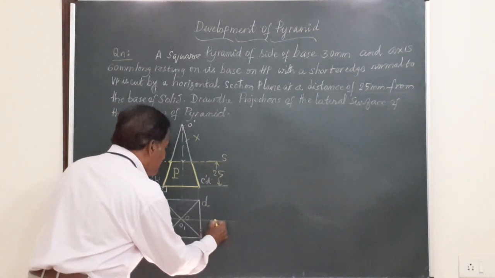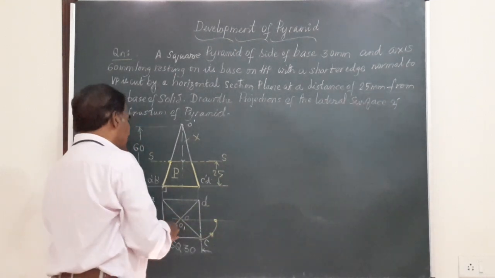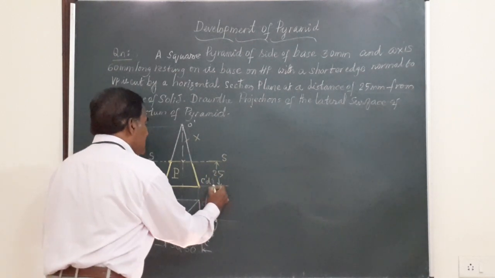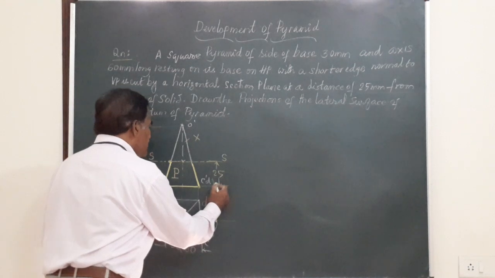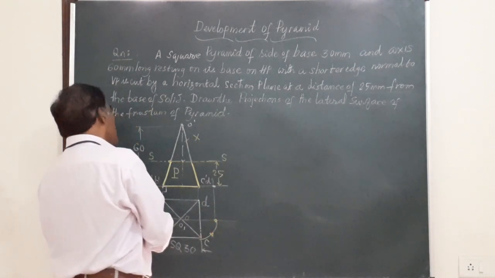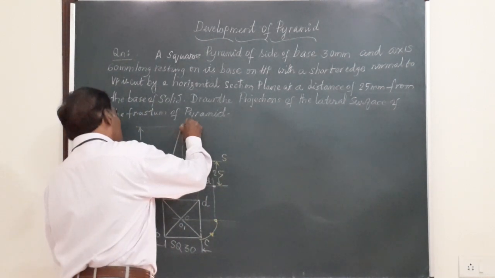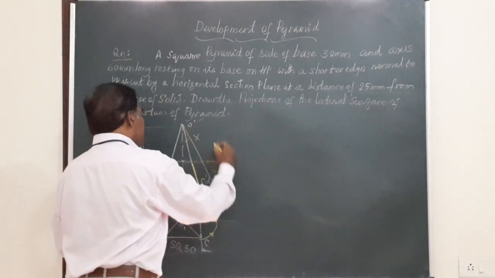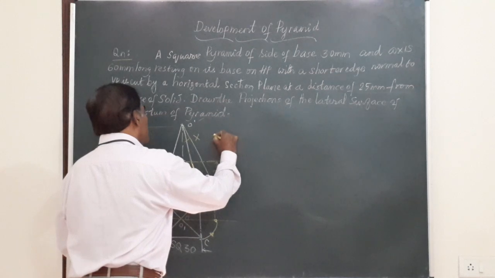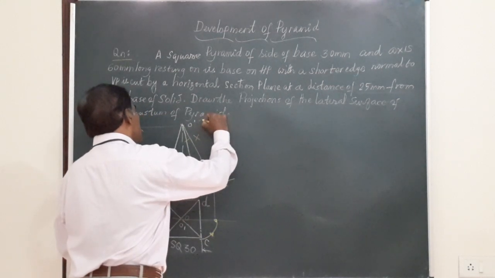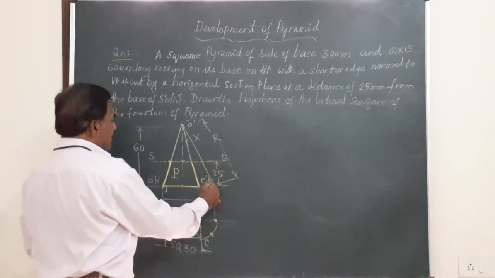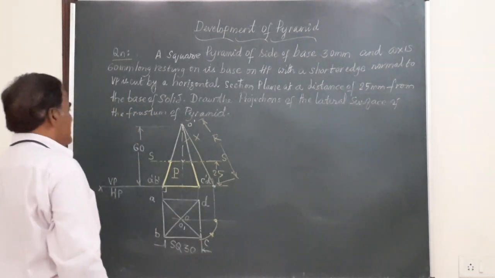So from here, I draw a vertical line till the XY line. I just get a point here. I am going to join that point to the vertex O. So this line will represent R, the true length of the slant edge.